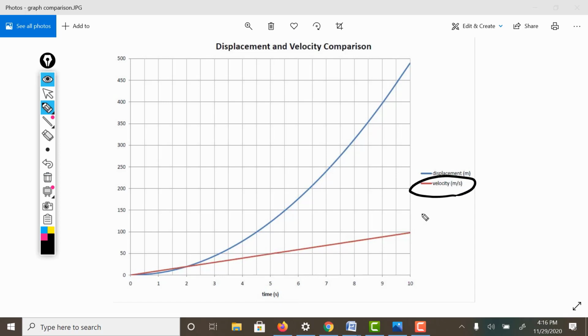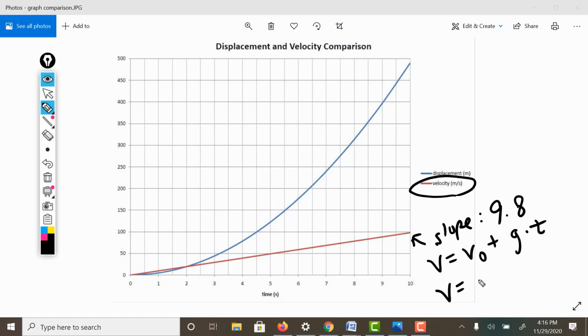You wouldn't be surprised to find out that the slope of this graph would be 9.8. And actually, the equation for this graph would be v = v naught + g t, or in other words, v = 9.8 t + v naught. So you'll see that slope-intercept form right here, where this forms a slope, and this is the x, like we said before. So this is actually the first kinematic equation forming this red line.